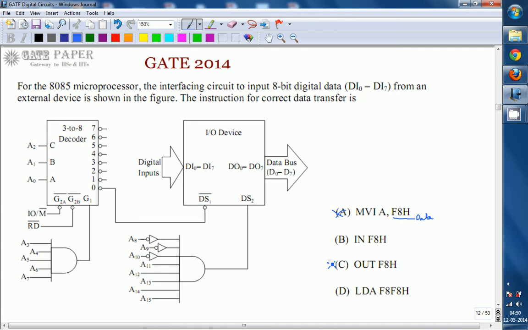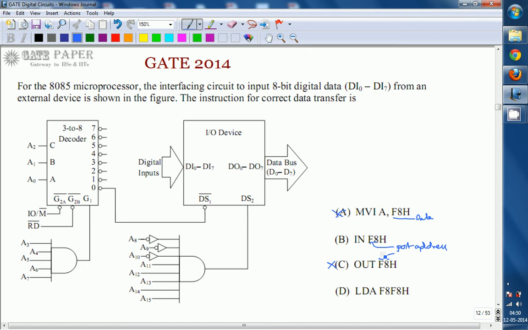Now first we will see IN F8H. F8 is the port address, in the case of IN as well as OUT. Both use F8 as the address of a port. This IN instruction reads or accepts a data byte from an input port at address F8H and places it in the accumulator.